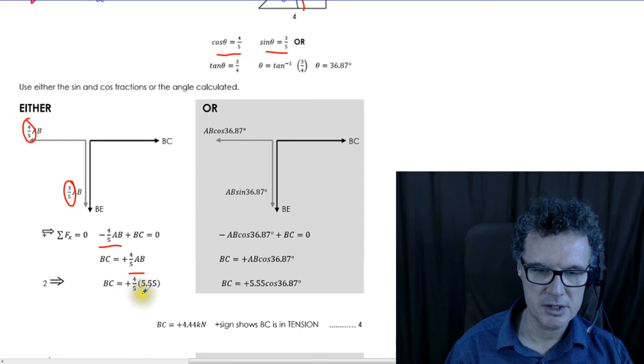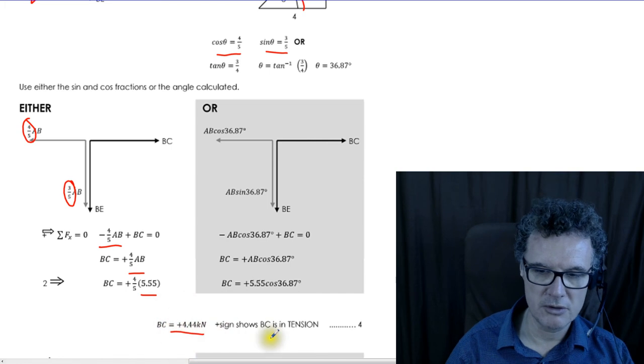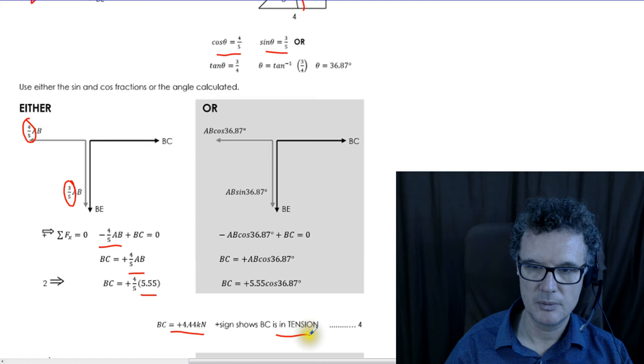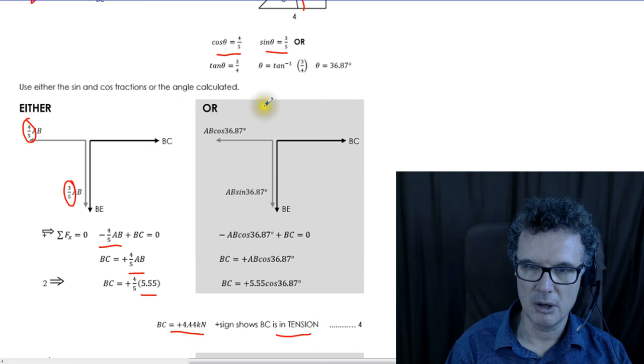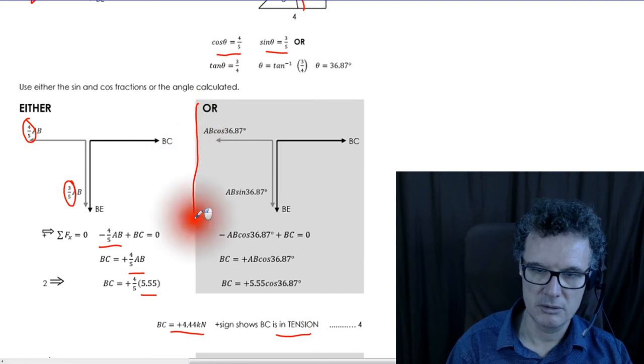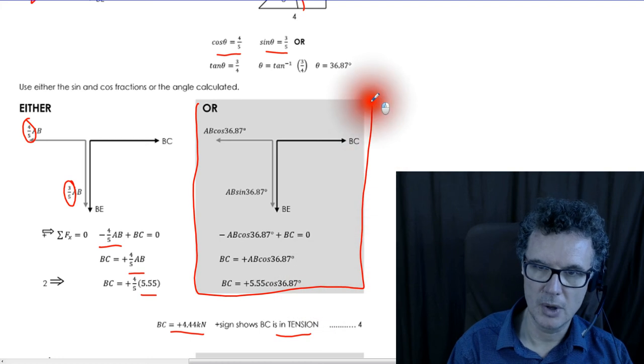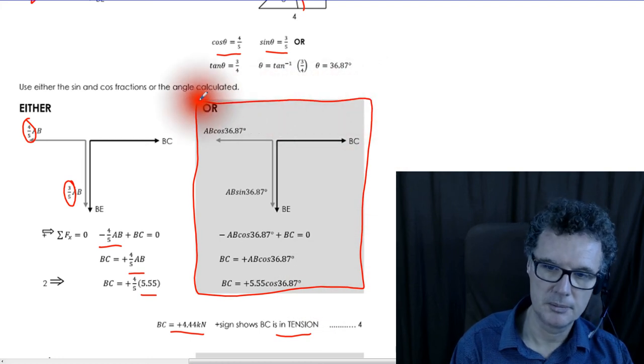Now, when we're at this stage, the final stage, that's when you want to substitute in the AB value. Substitute in the AB value, I end up with a positive value, and then I know that's going to be in tension. I'm not going to go over it, but alternatively you could use the angle approach. I wouldn't recommend it.